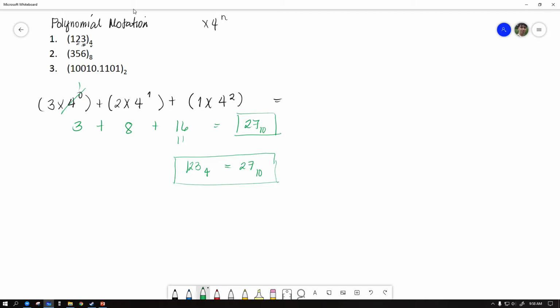When you are asked to find its polynomial notation, then you should state it as 3 times 4 raised to 0 plus 2 times 4 raised to 1 plus 1 times 4 raised to 2.